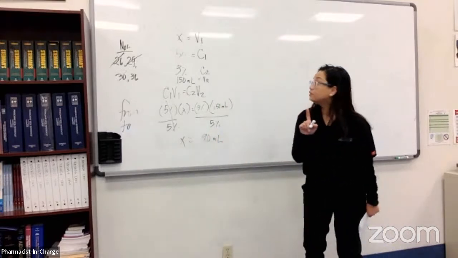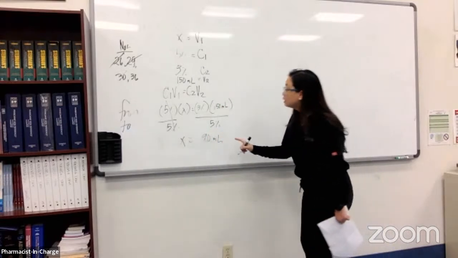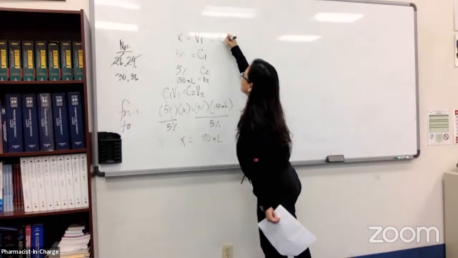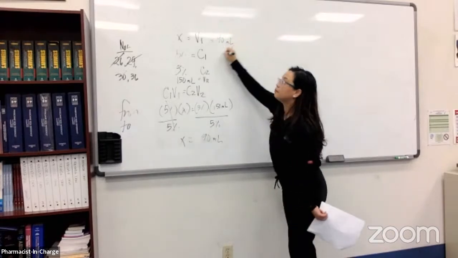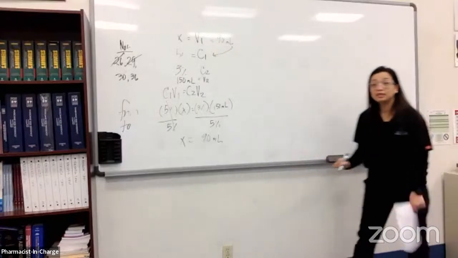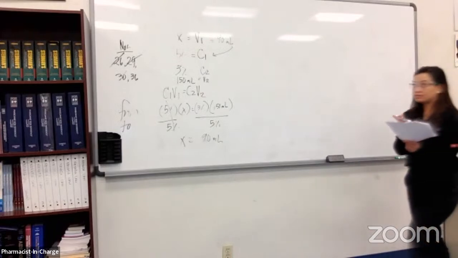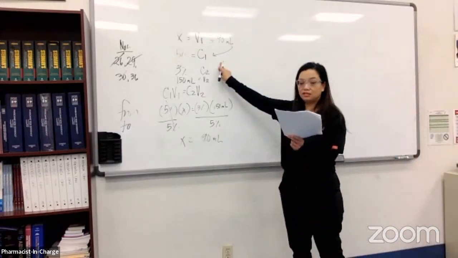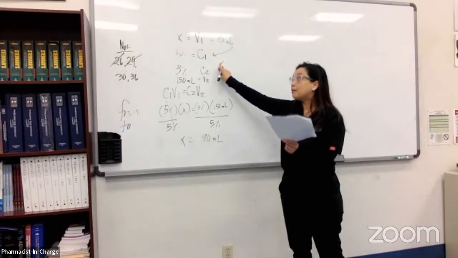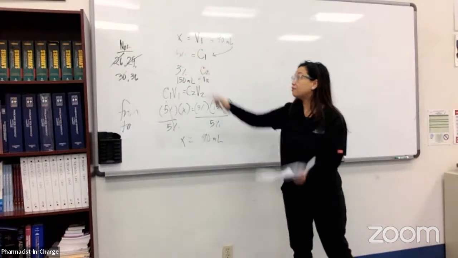You have to label this correctly, okay? You put 90 ml here, but this is 90 ml of 5%, right? So the question was how much of each? You just solved this one, right? 90 ml of the 5%.